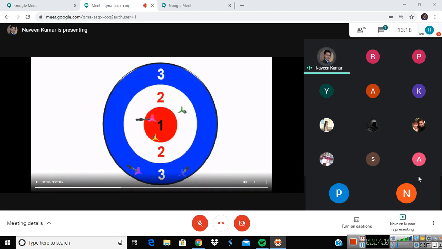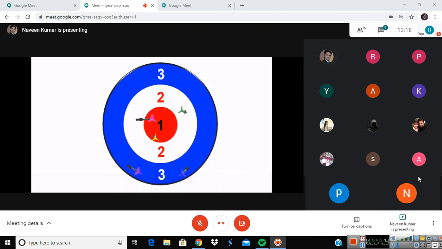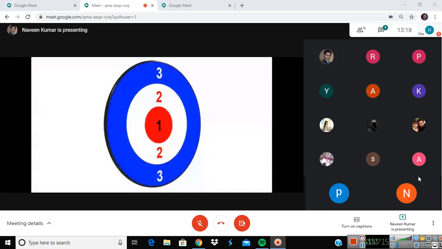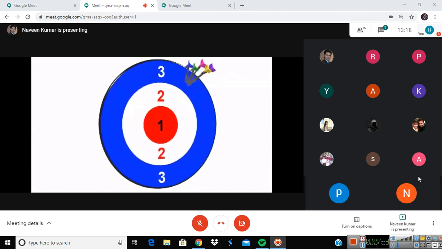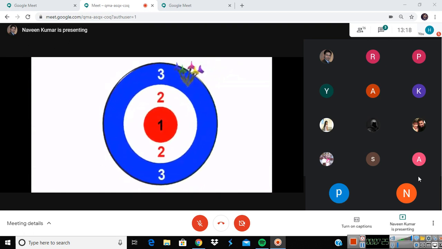So accuracy is the closeness to the true value, to the center of the bull's eye. Precision is the degree of resolution of a measured value when the same quantity is measured with different devices. If all 5 darts land at the same point, then the throws are said to be precise.